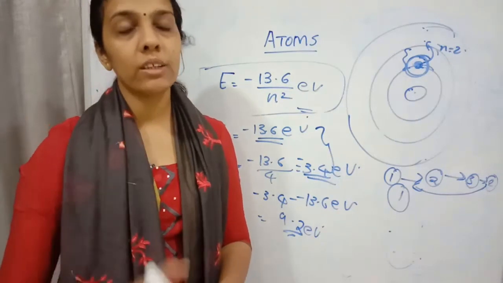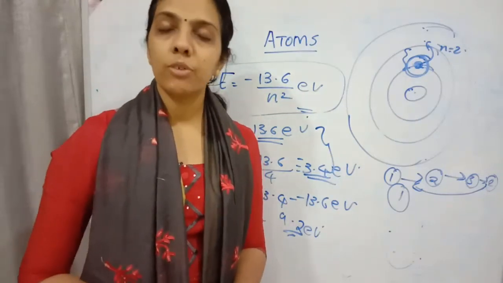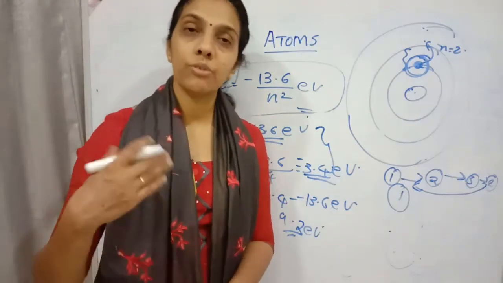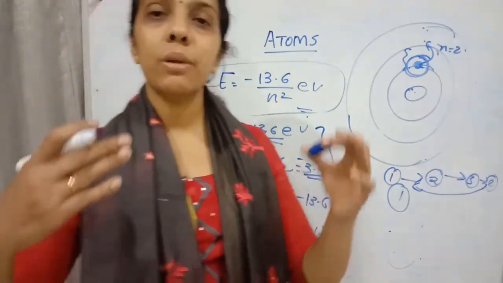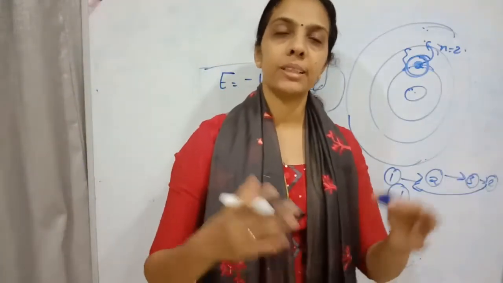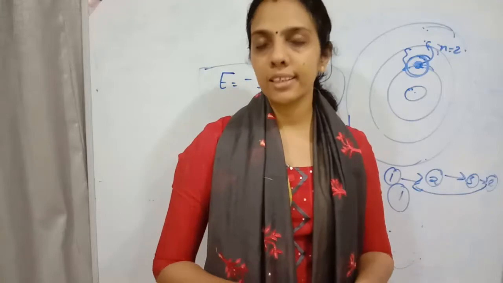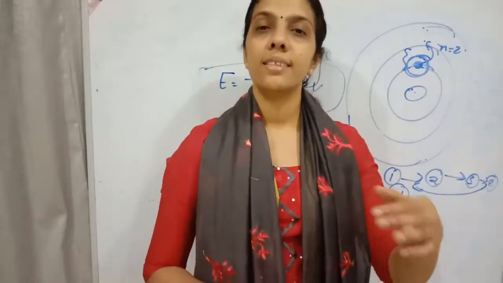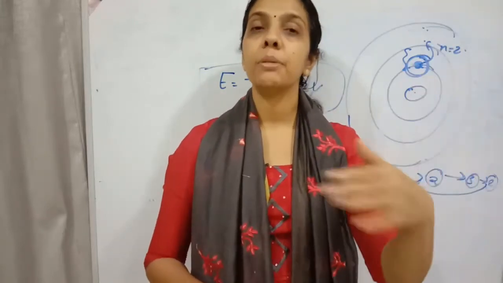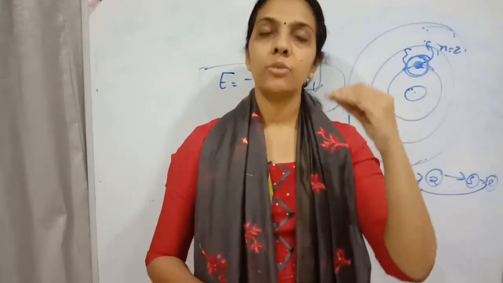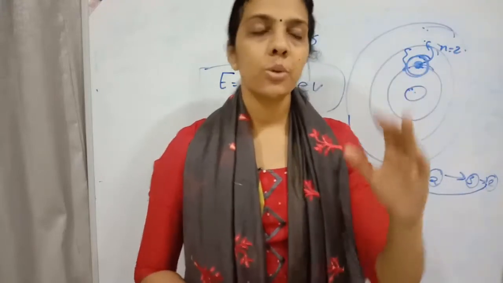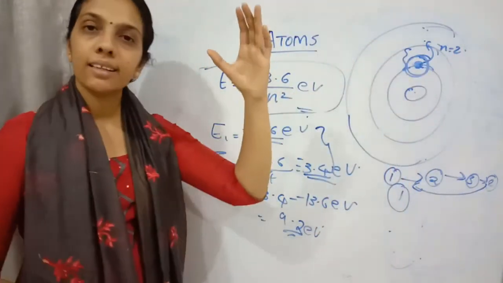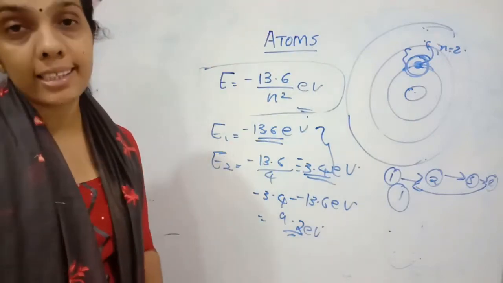That was one of the limitations of Rutherford's atom model, right? In Rutherford's atom model, he said energy will be continuously radiating, but actually is energy continuously radiating? No, it's emitting energy. At that time it will be radiating energy. So while it is radiating energy, we will be getting line spectra.